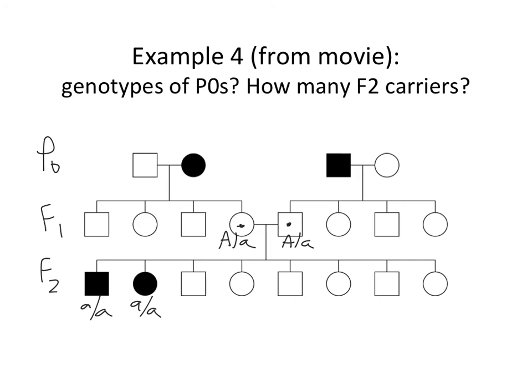Now, that should get us to the genotypes of the P0s, the first question. If this is recessive, we know that the filled in symbols are homozygous lowercase. So what do you think the genotypes of the unaffected parents are?